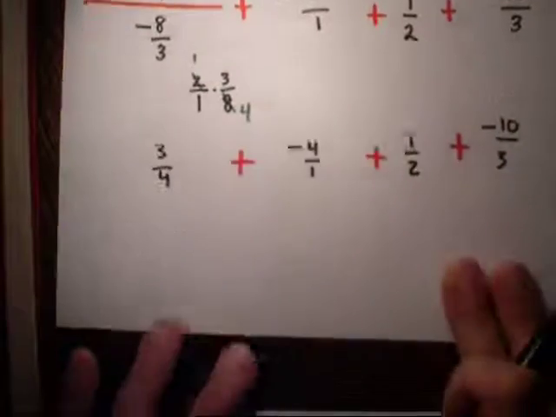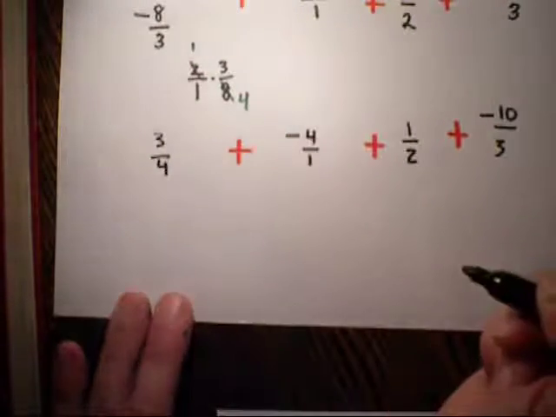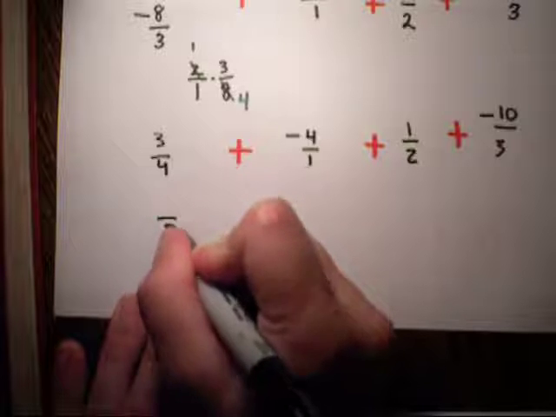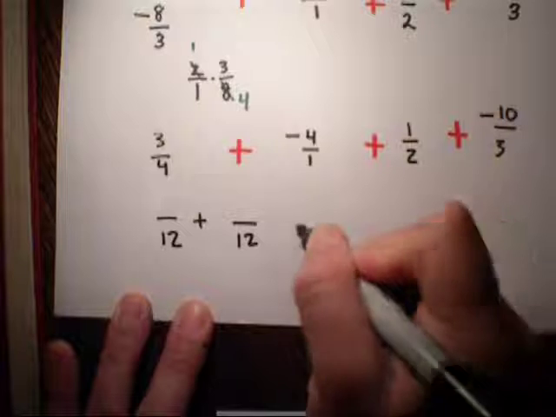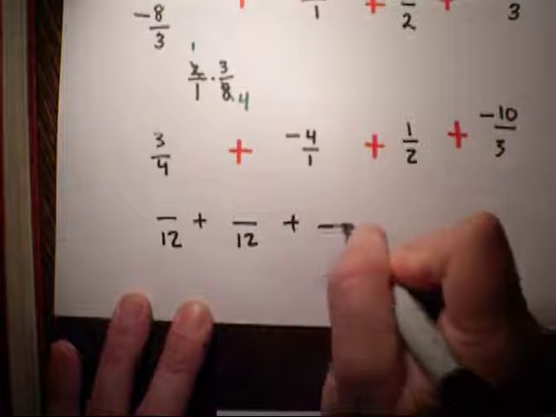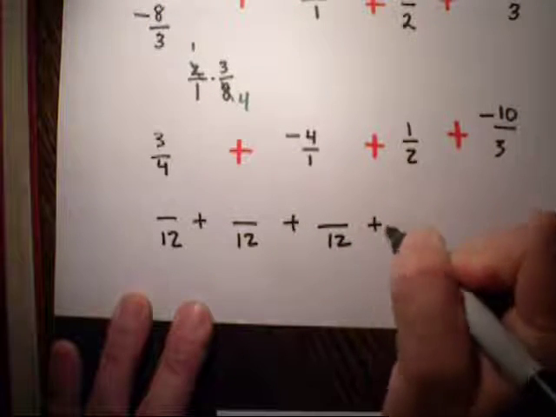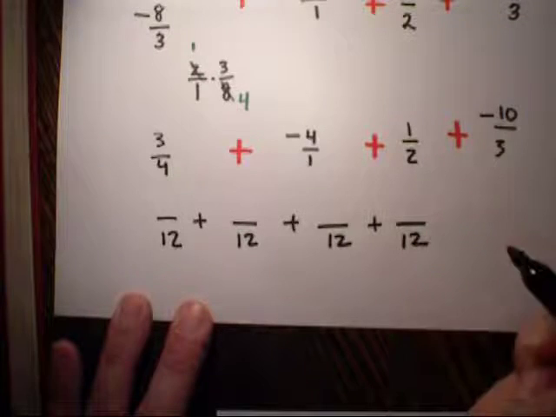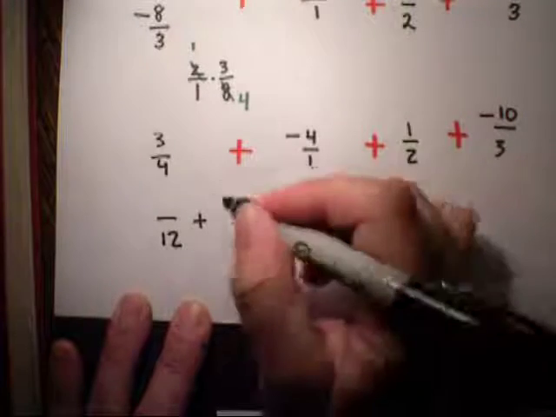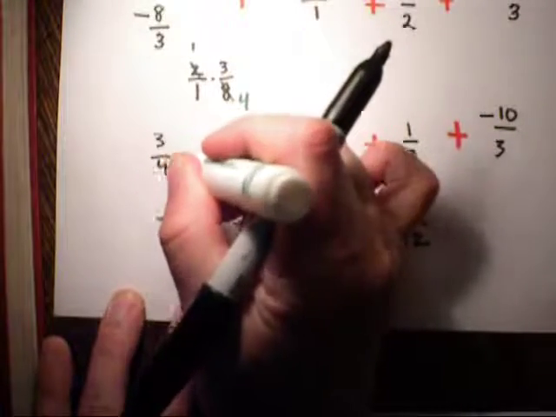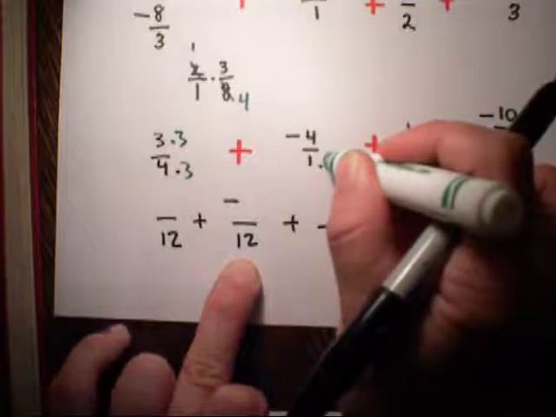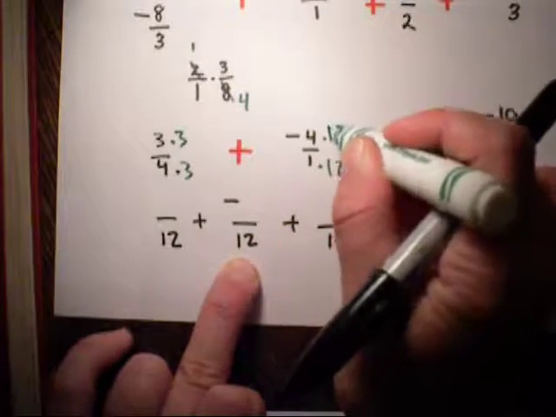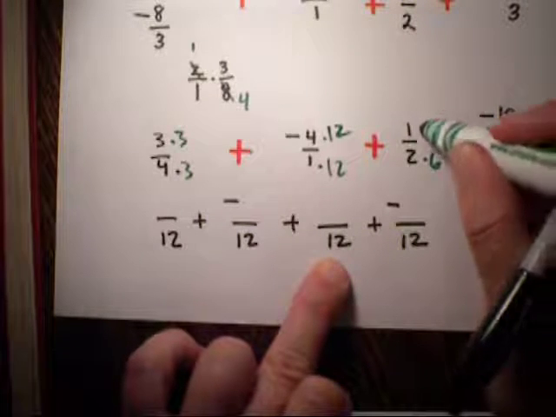Again, to add these numbers, I need a common denominator. We will use 12. So I need to write every single number here over 12. And of course, I do need to remember that those are negative, and that second one is negative. Okay, so to get to 12, I need to multiply by 3. To get to 12 here, I need to multiply by 12. To get to 12 here, I multiply by 6.